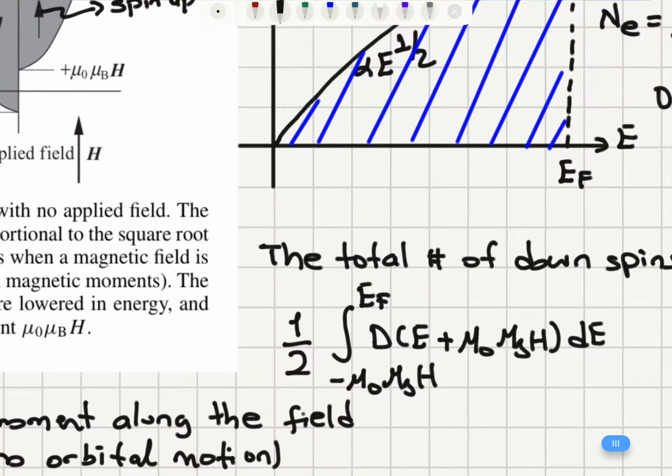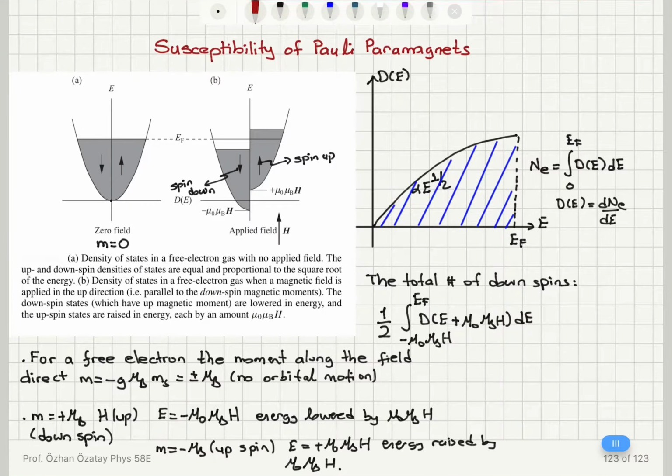If you remember, in the density of states calculation, we took into account the fact that both an up spin and a down spin are allowed for a given quantum state. But here we're talking about only one type of spin, therefore we should divide by 2. This is basically only down spins.